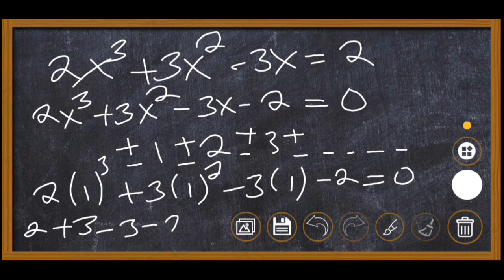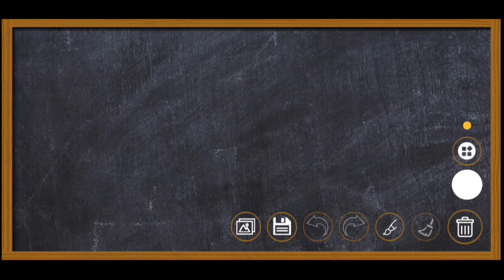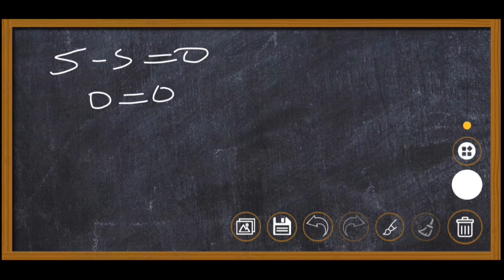And then we have negative 2 here equals 0. So when we add positive 2 to 3, we have positive 5. When we add negative 3 to negative 2, we have negative 5. So we have positive 5 minus 5 equals 0. Of course, negative 5 and positive 5 gives 0, so we have 0 equals 0.